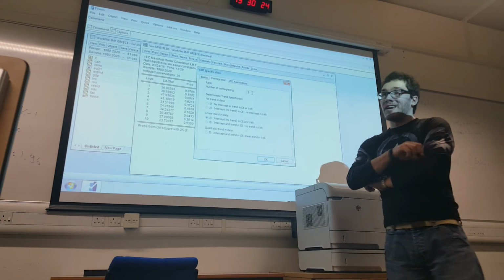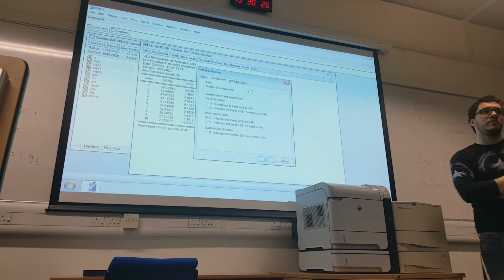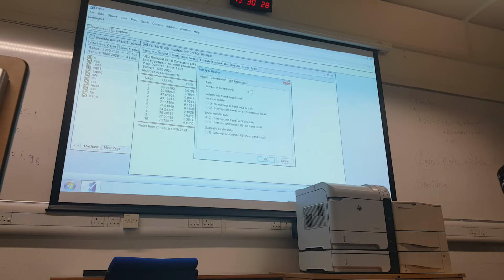Because I want to find a long-run relationship between consumption and GDP, and in particular, all of the independent variables and GDP. So whatever the indications of the Johansen test, if there is indication of at least one cointegrating order, I would include one cointegrating order. That's the first thing that I would do.